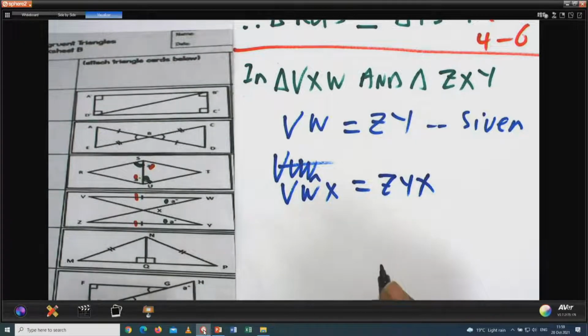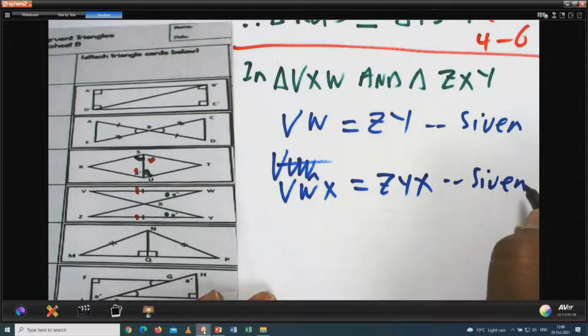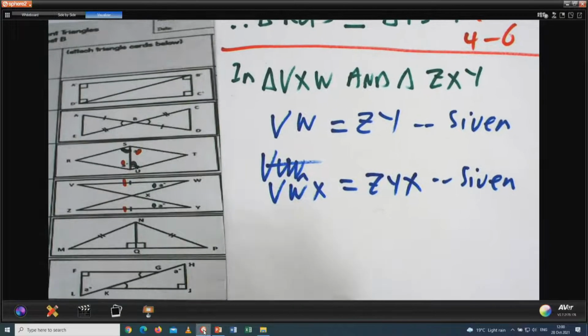But how do you know that they're equal? You are given. All the time the information is there. You just show us mathematically what is there, you explain to us, you get the 3 marks, everything is there.